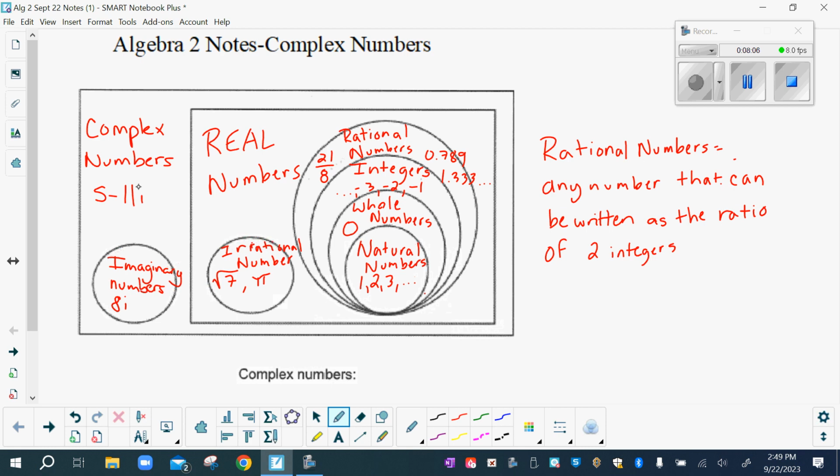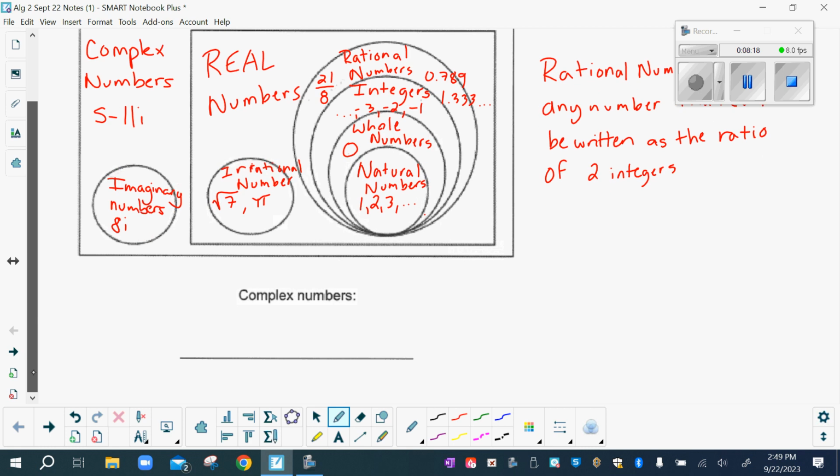It's got a real part, the 5, and an imaginary part, the -11. Okay? So complex numbers, what we're doing today. Yesterday was just an imaginary because it just had the i. Does that make sense? Okay, so complex numbers need to be in standard form, which is a plus bi.